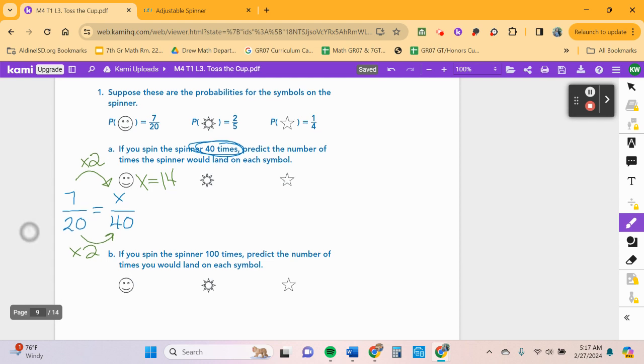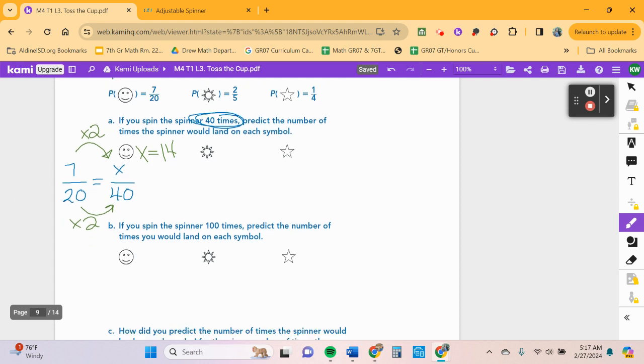Now, part B. If you spin the spinner 100 times, let's make that prediction. Starting with my original ratio, or my original probability, 7 over 20, I want to know if it was spun a total of 100 times, what would that probability be?